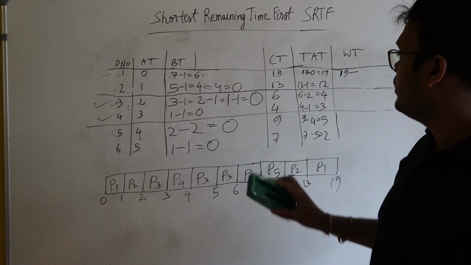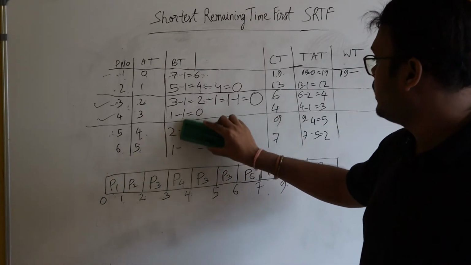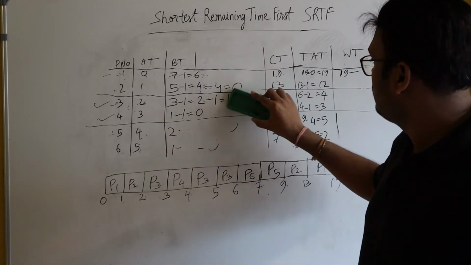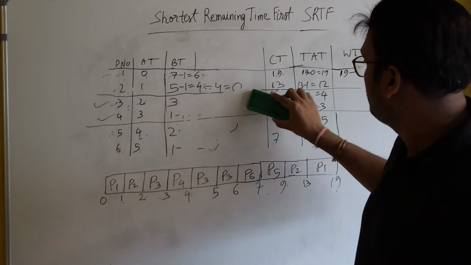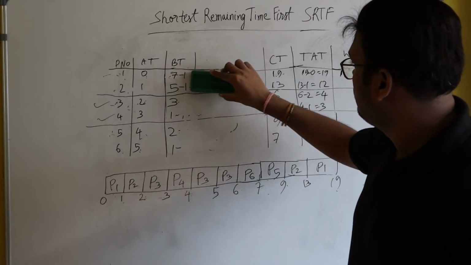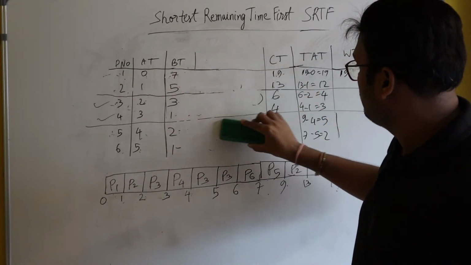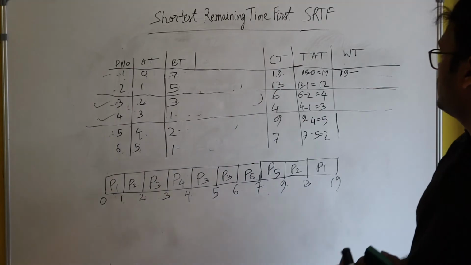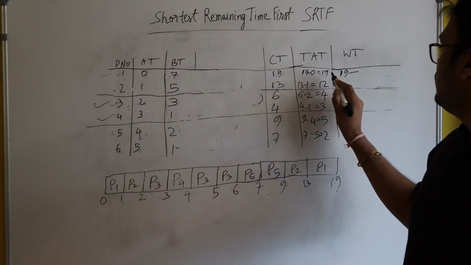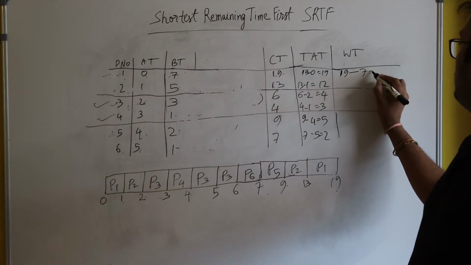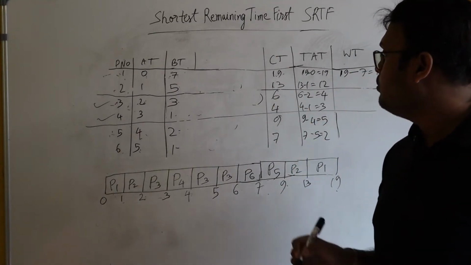Here I am removing this, else you may get confused. So 19 minus 7 is equal to 12. 12 is the waiting time of P1.